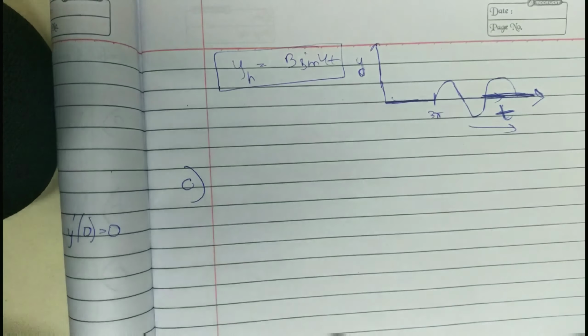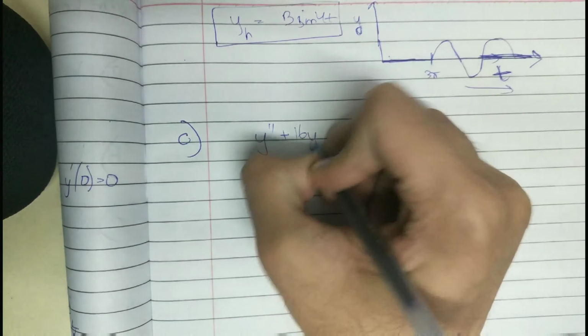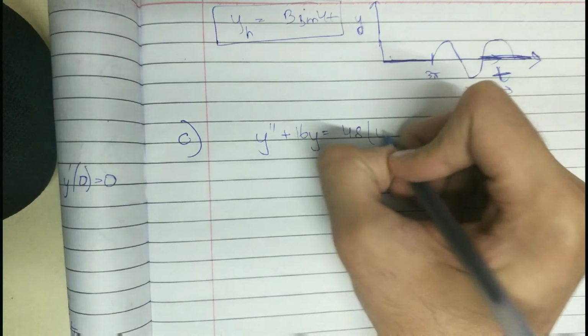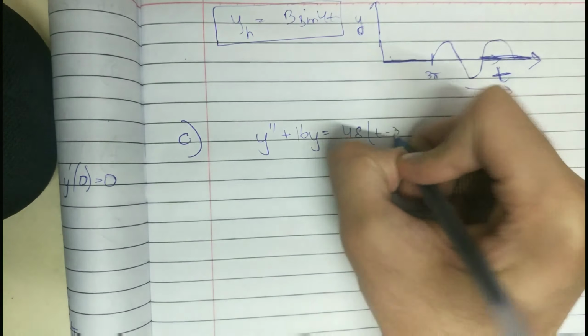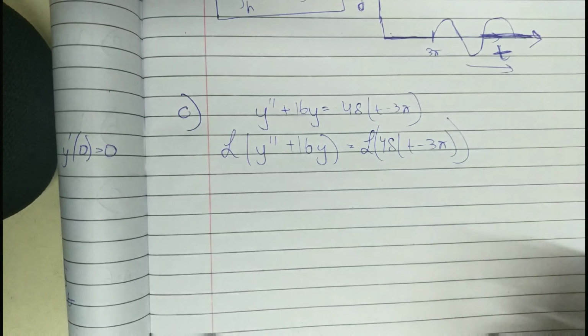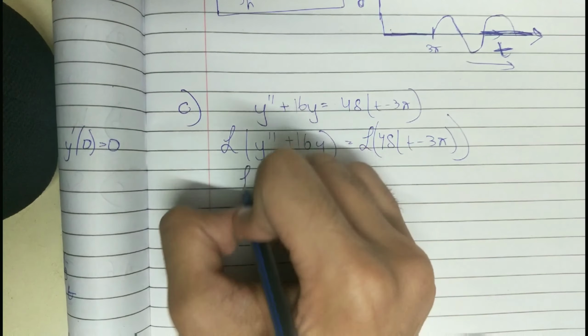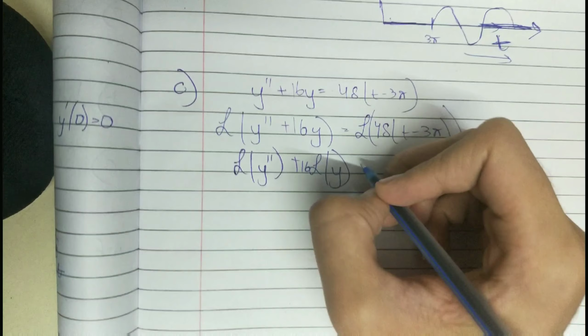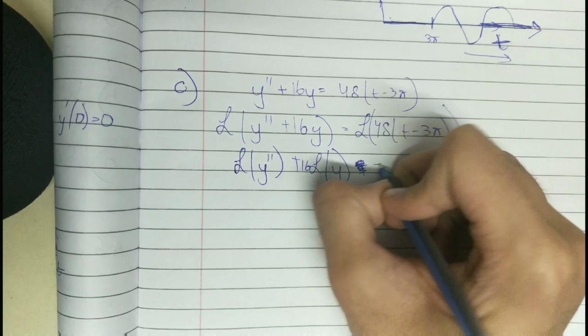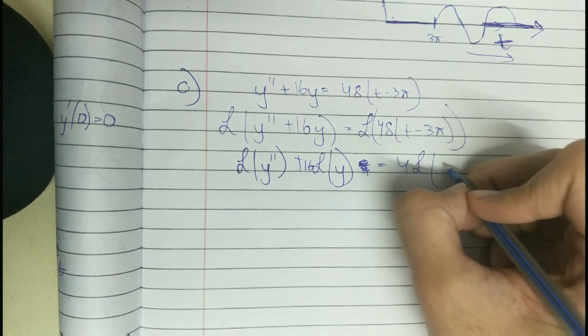So this ODE, I'm going to solve it using the Laplace transform. Taking the Laplace transform on both sides, the transform of y double derivative plus 16y is equal to the Laplace transform of 4 times delta of t minus 3 pi, right? Now using its linear property, we can distribute this: 16 comes out, Laplace of y is equal to 4 times Laplace of delta t minus 3 pi, right?